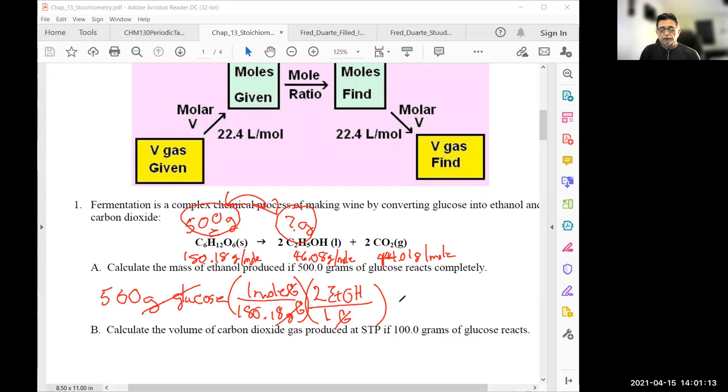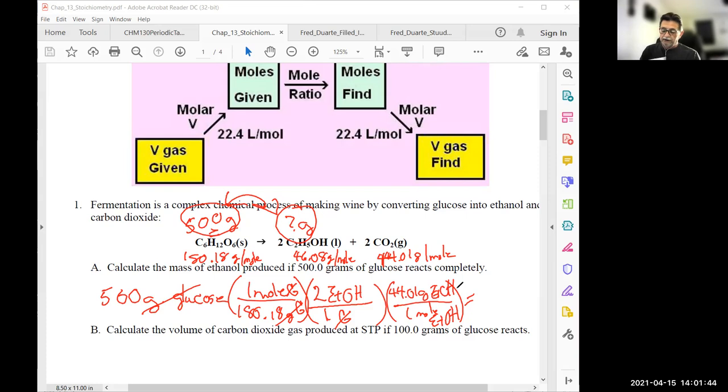And I need to know the mass. So finally, I need the molar mass of ethanol, which is 46.07 grams for ETOH, per mole for ETOH.